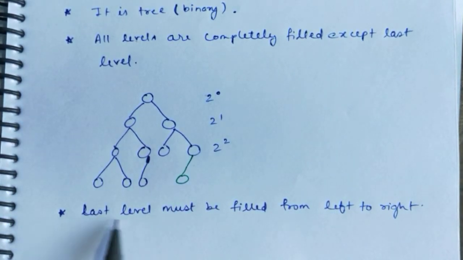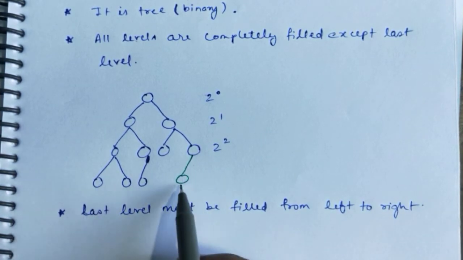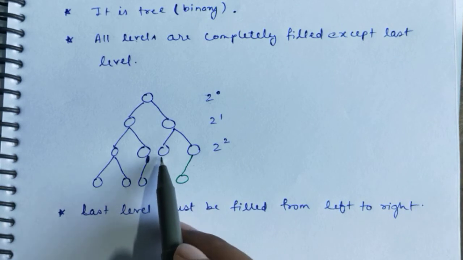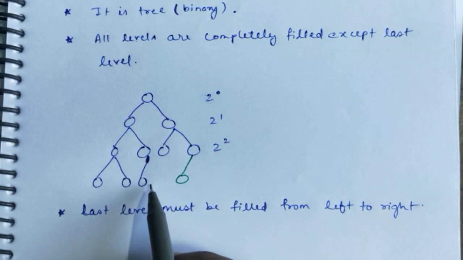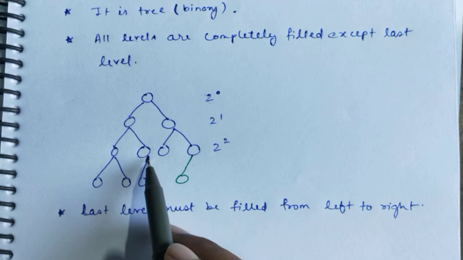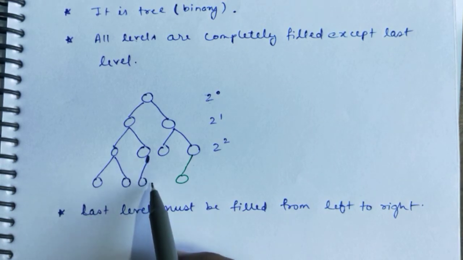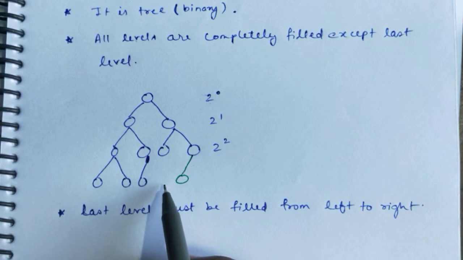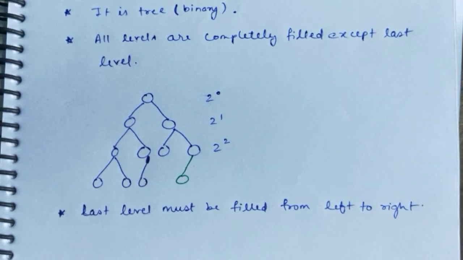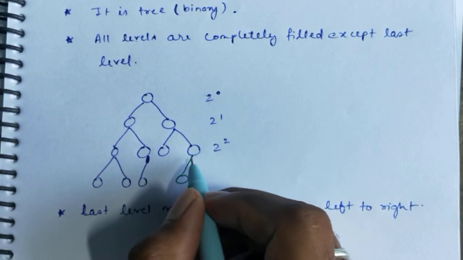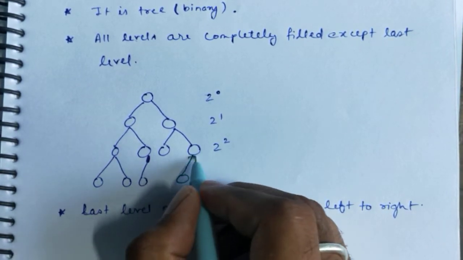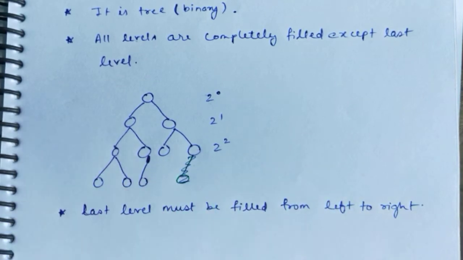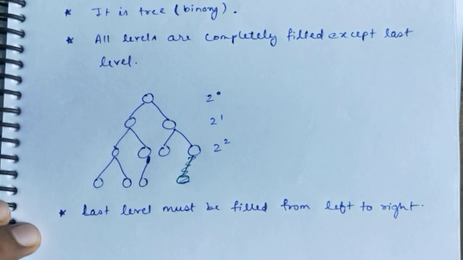Because of this property, last level must be filled from left to right. Means if there is a node here, then all the nodes here must be filled. Means right node of this node and left child and right child of this node must be filled, then only this node can come here. So it is not a complete binary tree if I add this node. If I remove this node, it will be a complete binary tree.